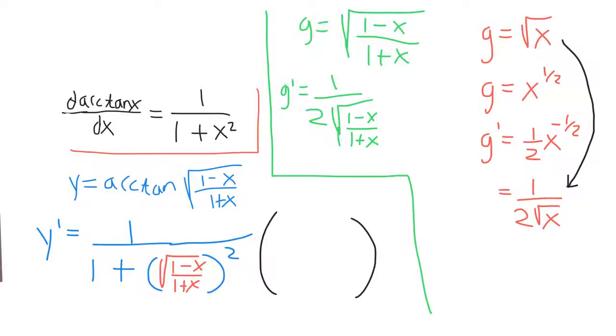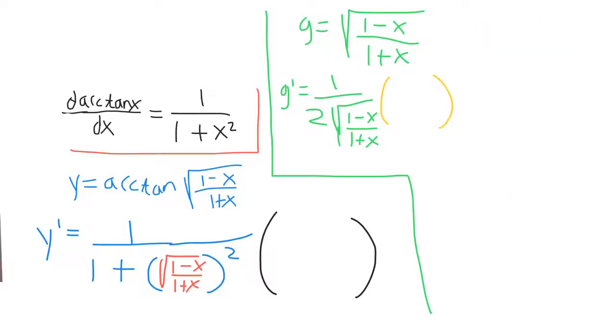Once again, when you had radical x, it turned into this, so you end up with this down below. Same thing with this. G prime equals 1/2 times 1 over radical this thing. But we are not done because we're going to have to do the chain rule to this guy by multiplying this whole thing by the derivative of what's underneath the radical.